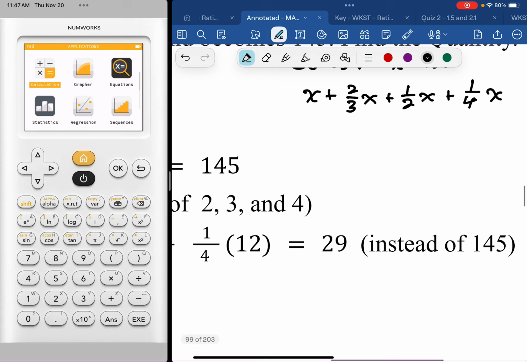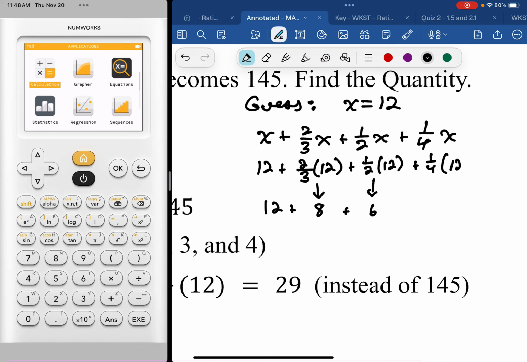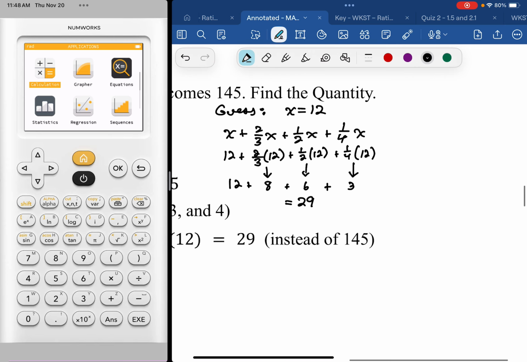Yes, okay, so 12 plus 2/3 of 12, which is 8, plus half of 12, which is 6, plus 1/4 of 12, which is 3. All right, so 29 is what I would get as my result.